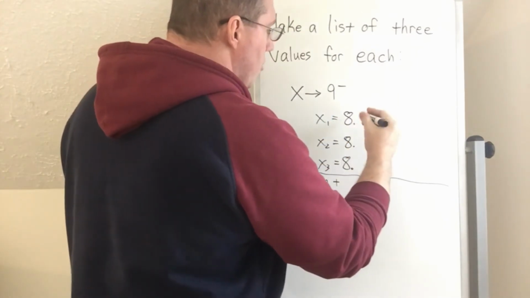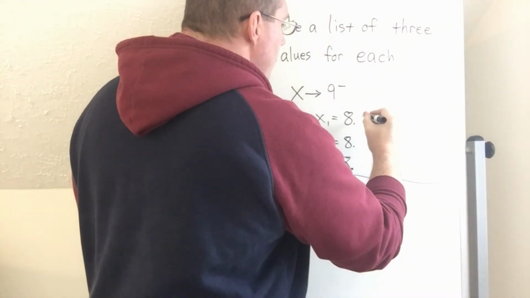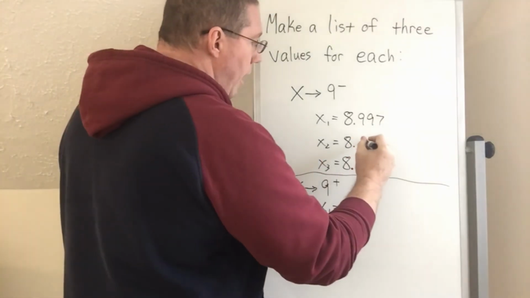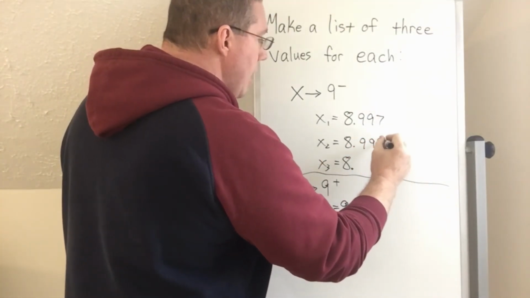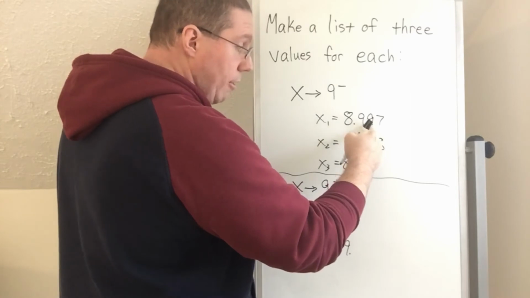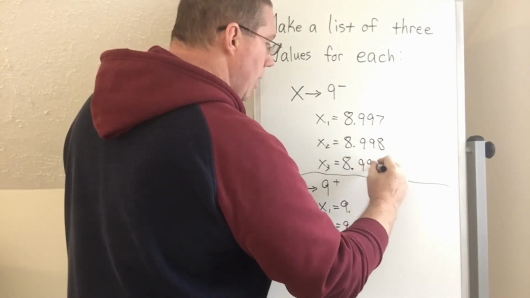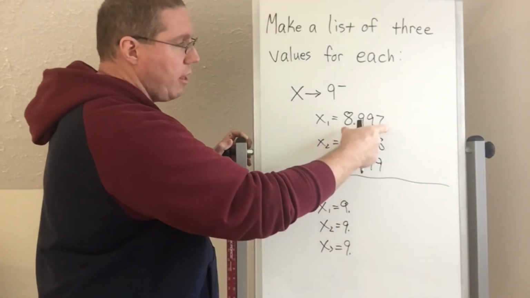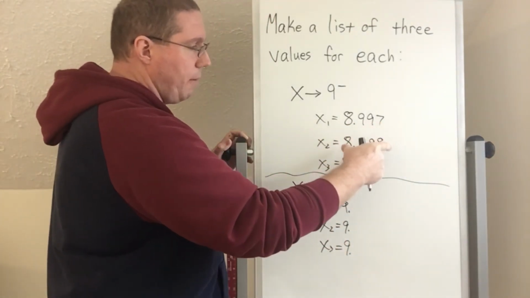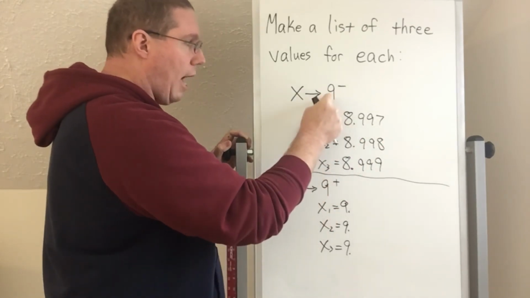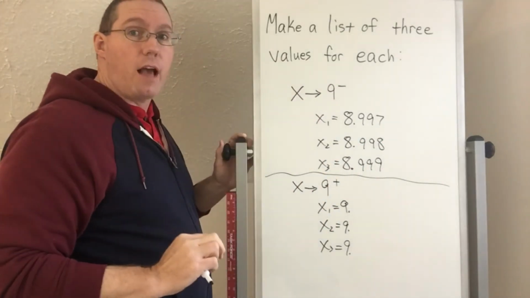So what we can do here is we can make this one 8.997, then this one 8.998. That's larger than this, and it's closer to 9, right? And 8.999. And as you can see, as we go from 8.997, 8.998, 8.999, we are getting closer and closer to 9 from the left side.